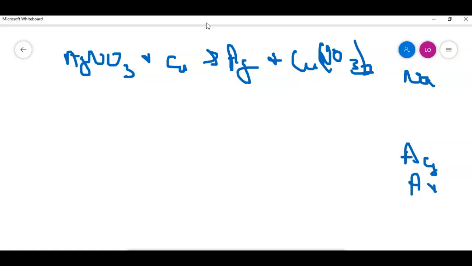Now, if copper is replacing silver here, do you think copper is more or less reactive than silver? Can you repeat the question? Copper is replacing silver. If we look on the product side, silver is being expelled. It's being precipitated out. It's turning into solid. And copper is bonding with NO3. So do you feel copper is more or less reactive than silver?